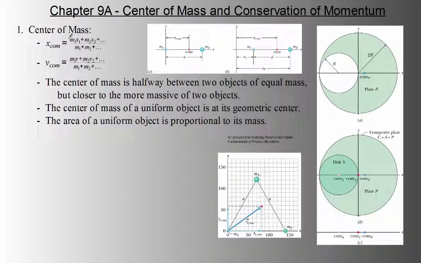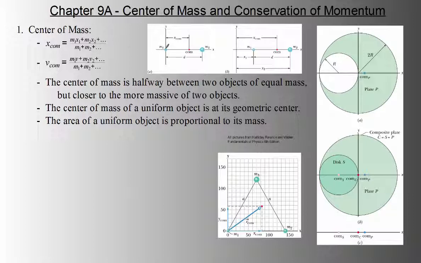X center of mass equals M1, so however massive M1 is goes there, times X1, which would be 0, so this term would actually disappear, plus M2, which is bigger than M1, times X2, which on this diagram is D. Then you divide that by the sum of the masses, so M1 plus M2.